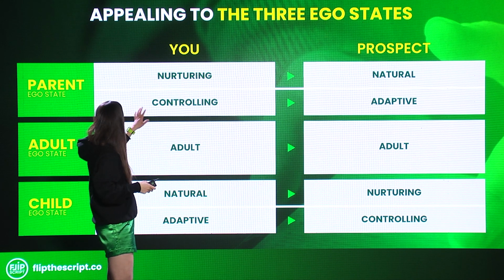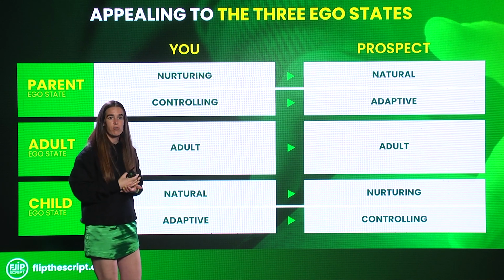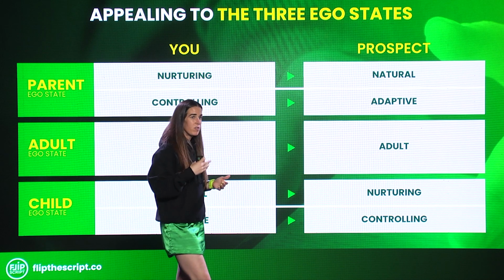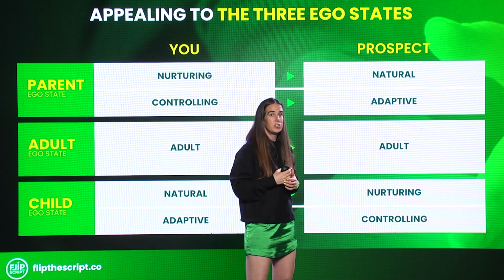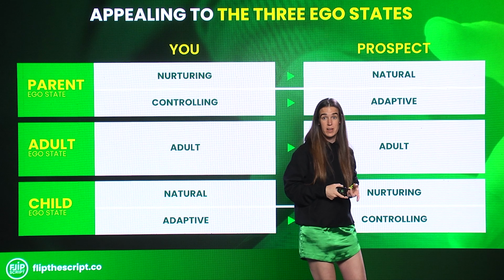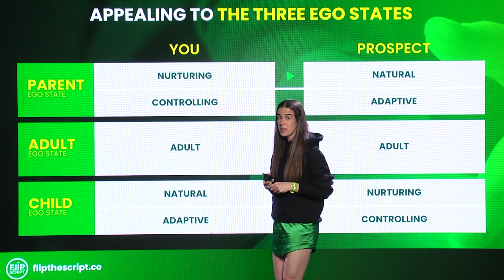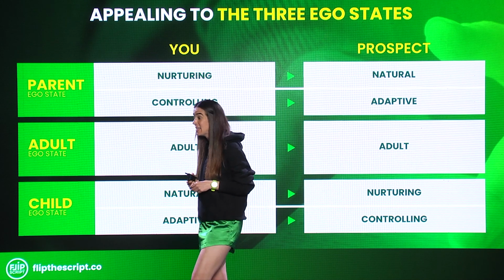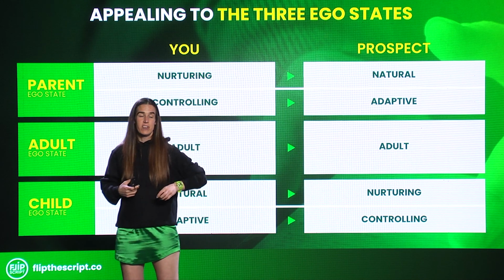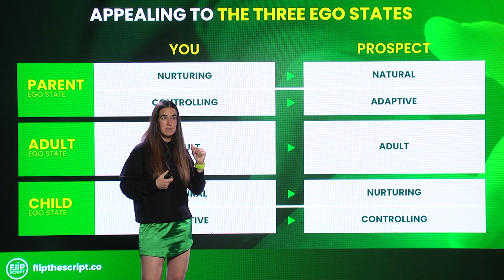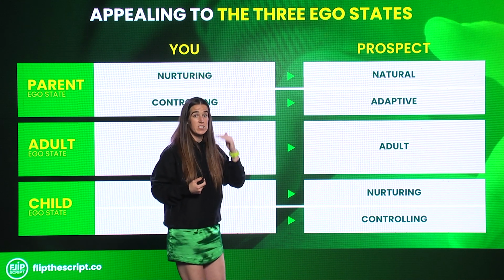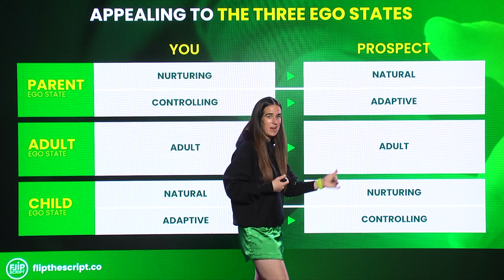Great example: if you're in parent ego state, either nurturing or controlling, then best case scenario you're going to disempower your prospect, and worst case scenario you're going to make them rebel. If I say, let me know what time works for you, it triggers them into child adaptive ego state and makes them not want to let me know what time works for them.